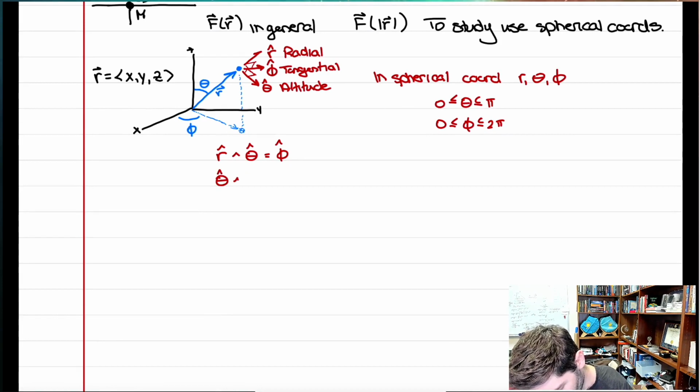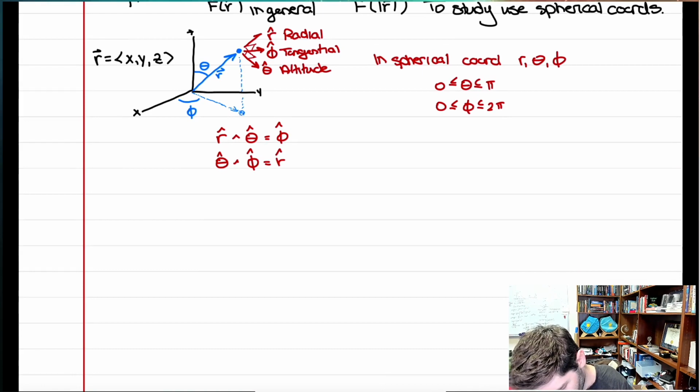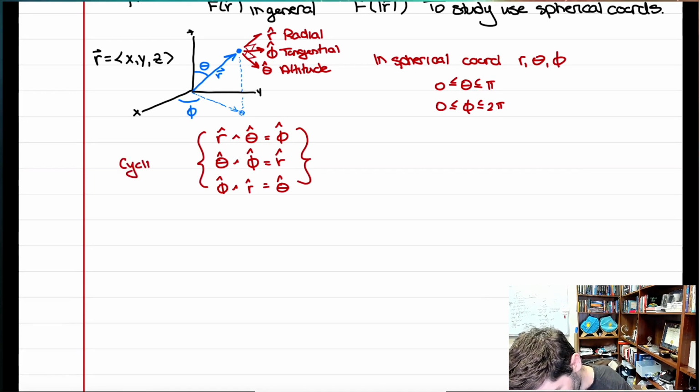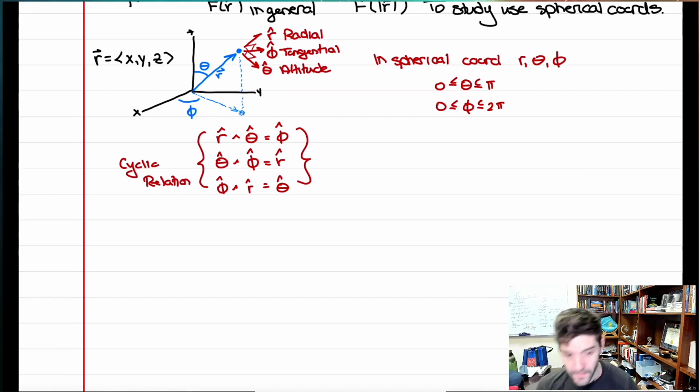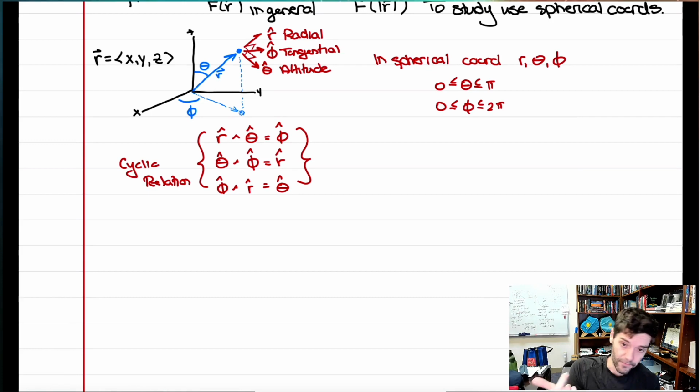If I do theta cross phi, I get r, and if I do phi cross r, I get theta. So these have the same cyclic relationship that we had for cylindrical and polar coordinates, and that we have for the Cartesian coordinates: x cross y equals z, y cross z equals x, etc.